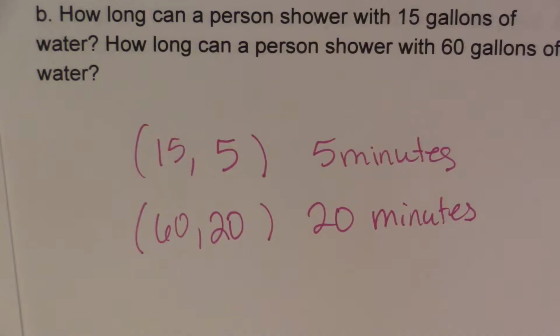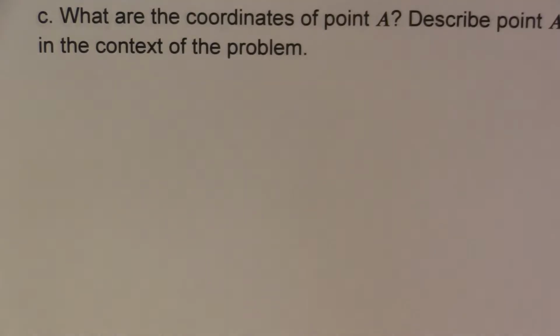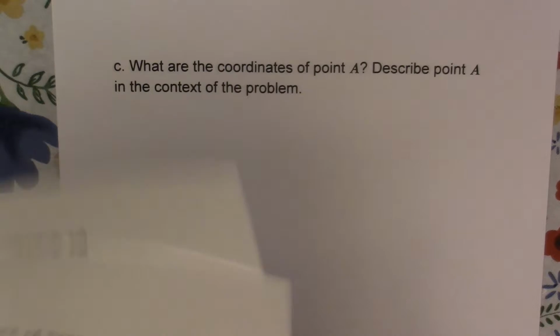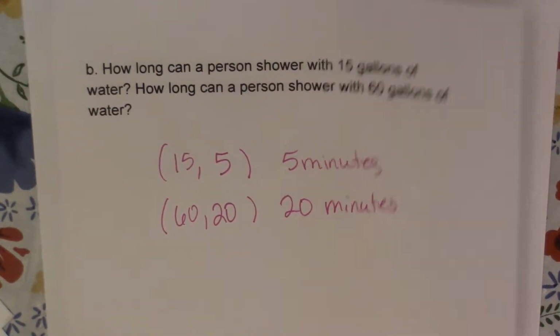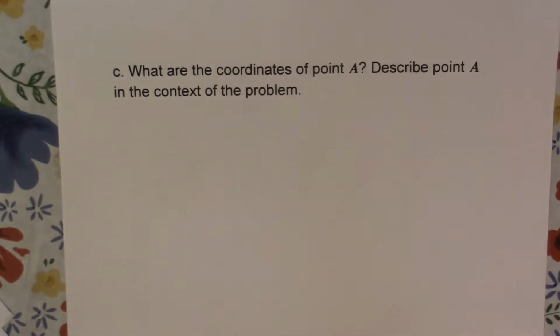All right, our next question. What are the coordinates of point A? Oop, let's zoom back out, sorry. Okay. What are the coordinates of point A? Describe point A in the context of the problem.